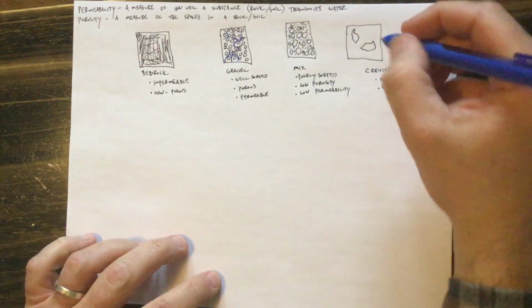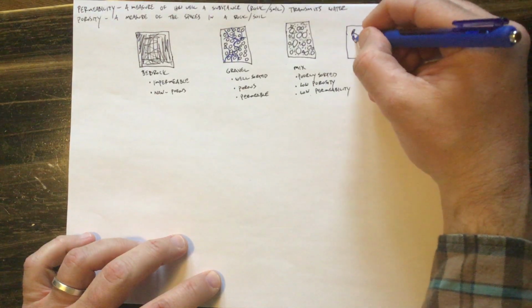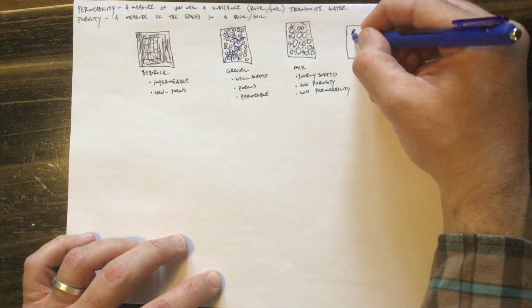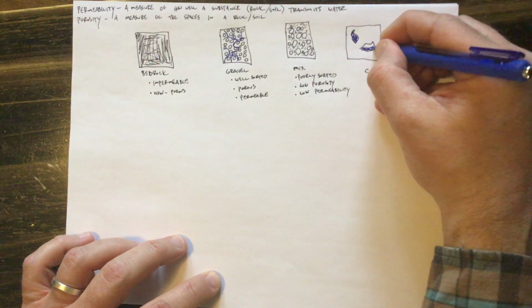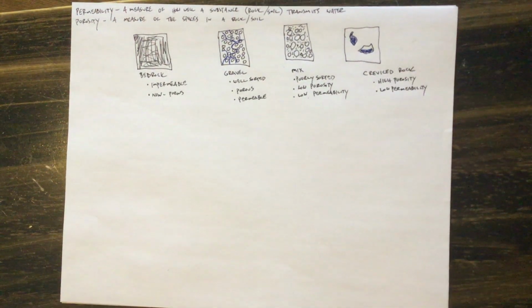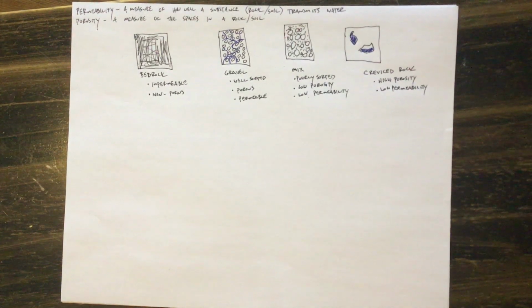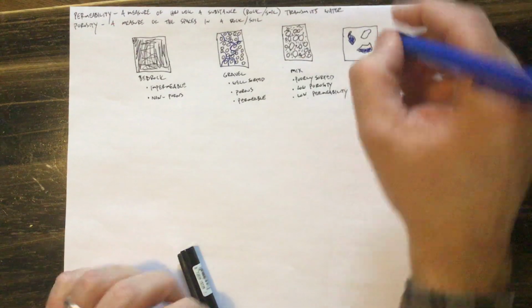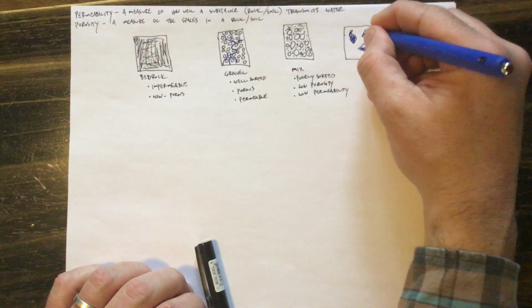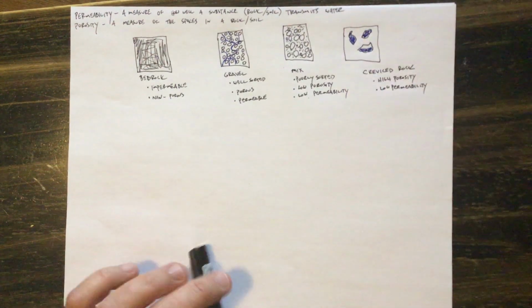And so we've got this sample of rock. It's kind of like bedrock, but it's got spaces in there and these kind of like pockets where water is hanging out, but the holes aren't connected. So crevice rock: high porosity, low permeability.